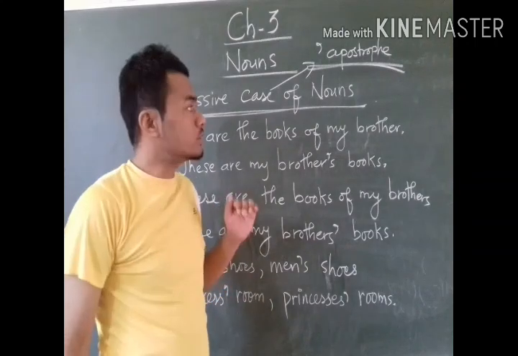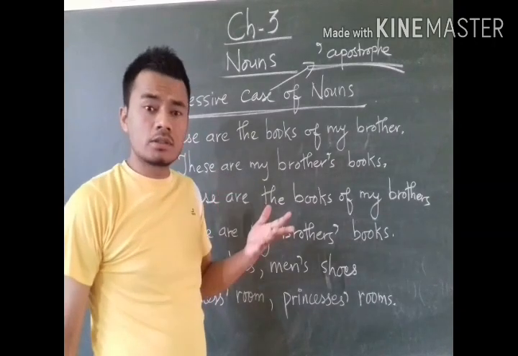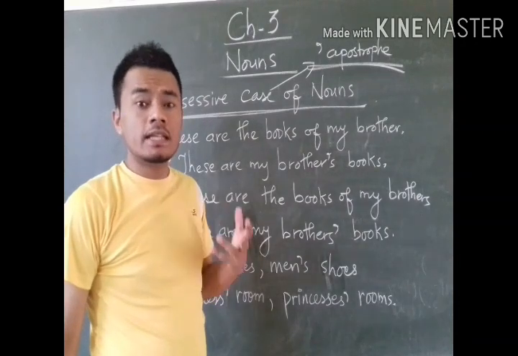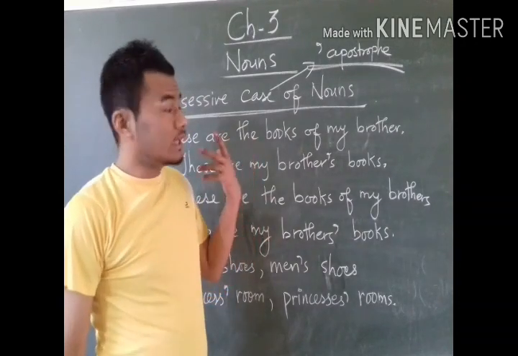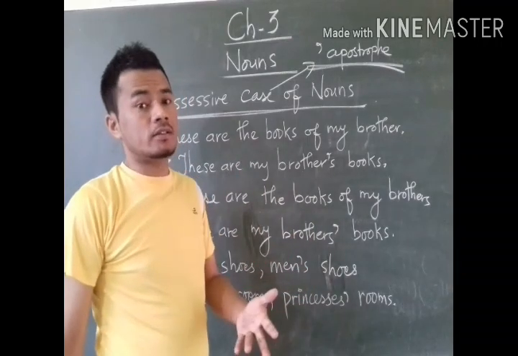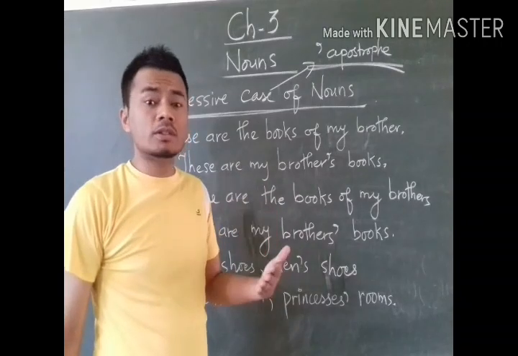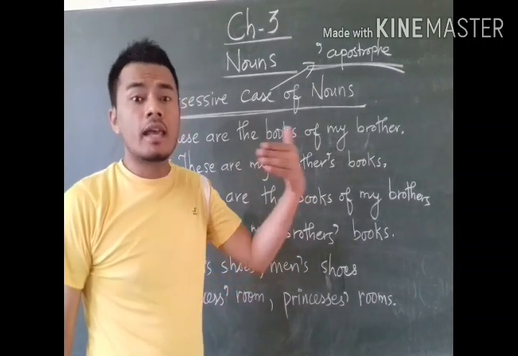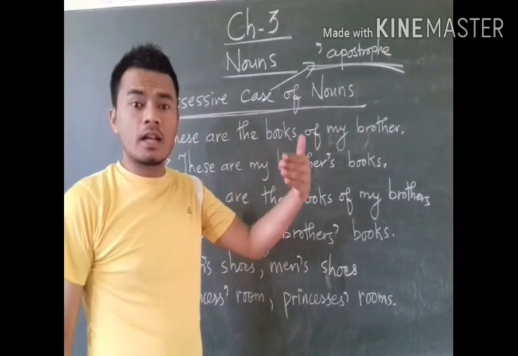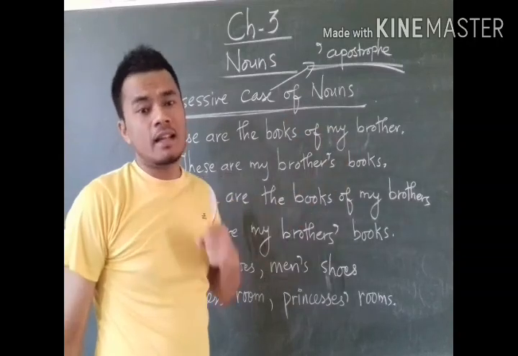If the nouns of which we are showing the possession are singular, then after singular nouns we have to put apostrophe and then s.